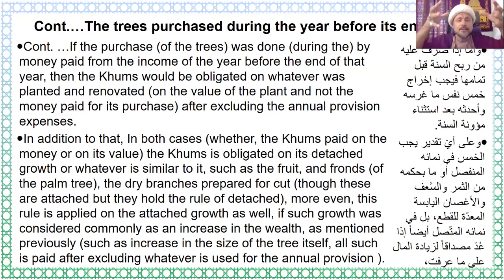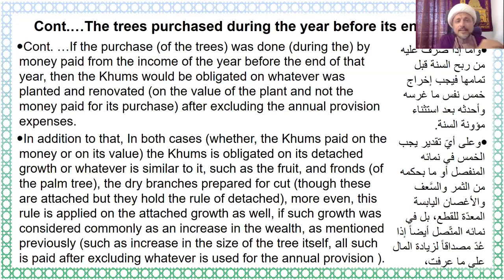The tree became big. So all the attached or detached, everything's value got increased, you have to pay the khums of it. Okay, because now you have something which has extra value. Why? Because you purchased this from your money. If your money was now available, you would have paid the khums of it.